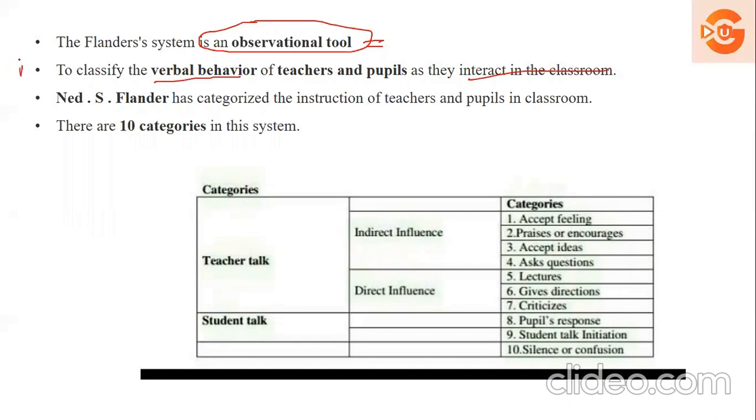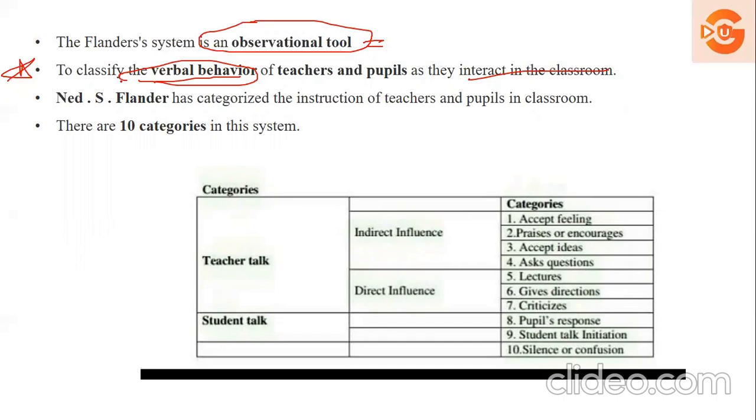Now, please pay attention here. It is verbal behavior. You may get a question asking whether the interaction is in the form of verbal or non-verbal behavior. No, it is only giving attention towards verbal behavior. So keep this point in mind also.